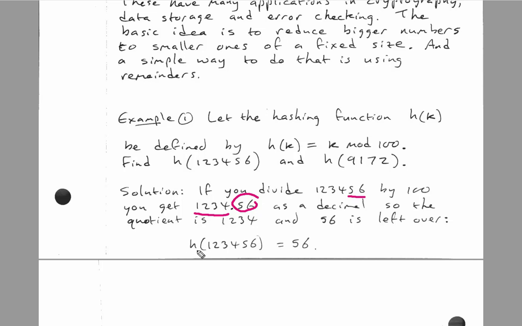Alright, so the value of the hashing function for this number is 56. That's also called the hashing value. So we've certainly reduced a bigger number to a smaller number.